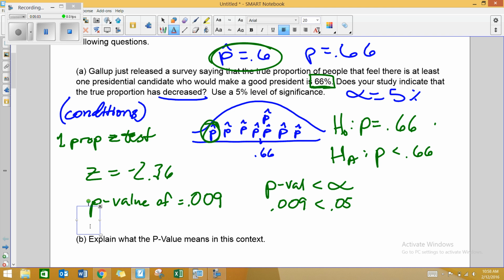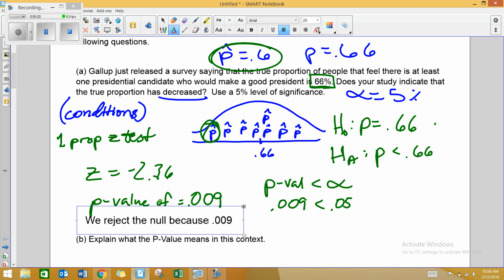So we reject the null, and you can just kind of record this little piece over here. We reject the null because 0.009 is less than 0.05.